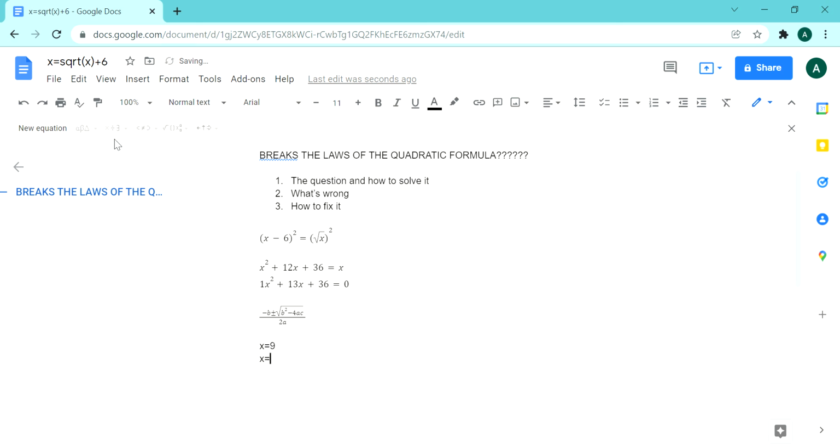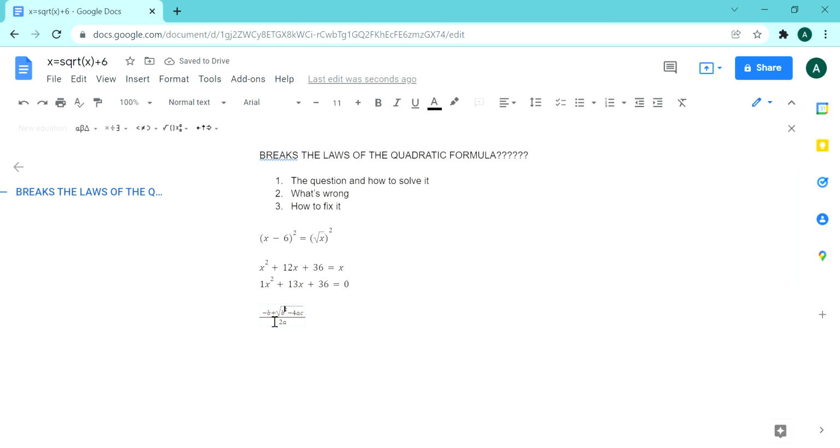So the problem, as I mentioned, lies in the quadratic formula, and this applies to not just random square root equations like the ones I'm mentioning. It applies to almost all algebra square root equations, and it's actually a really simple fix.